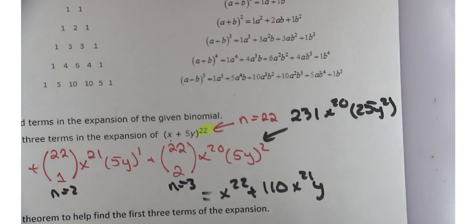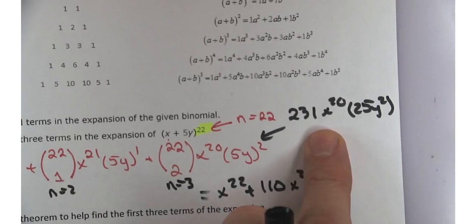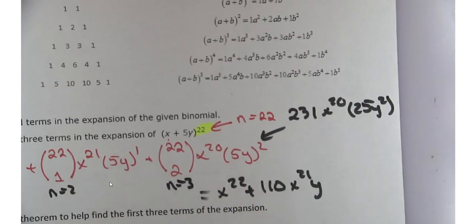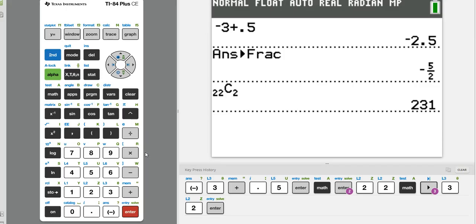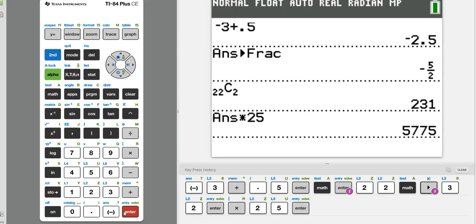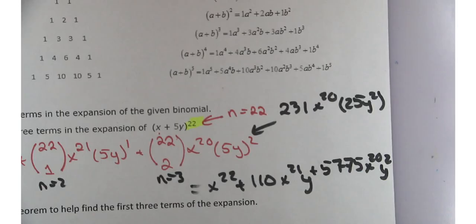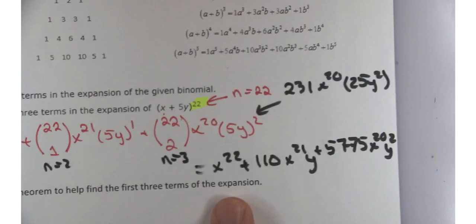I would like you to multiply out that 25 times 231. So let's do that. The user-friendly thing to do is just hit the times key and then multiply by 25. So there you go: 5,775 x to the 20th y squared. I just about ran out of room there on my paper, but got just enough. Yay! There's your first 3 terms.